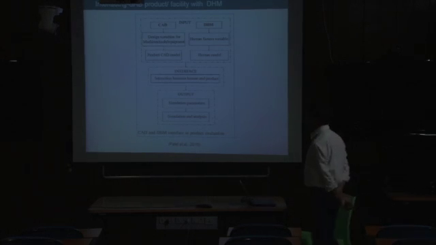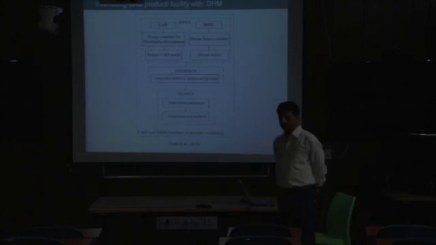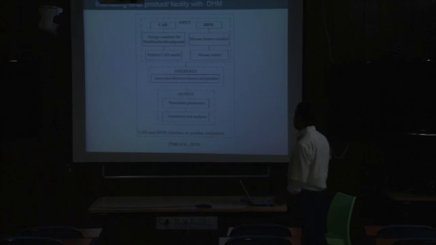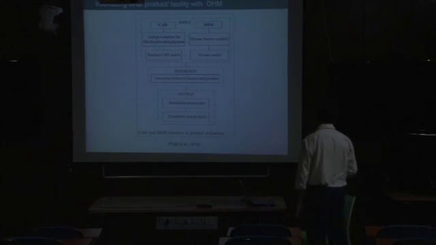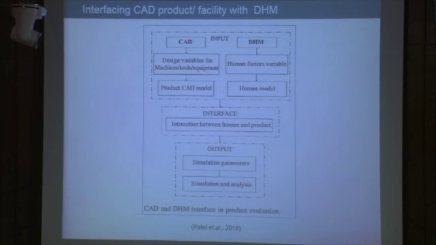Now we are moving to interfacing a CAD product or facility with a digital human model. How can we do that? This schematic diagram was proposed by Patel et al., 2016. What input is required?